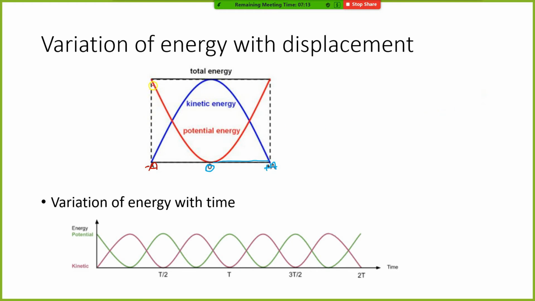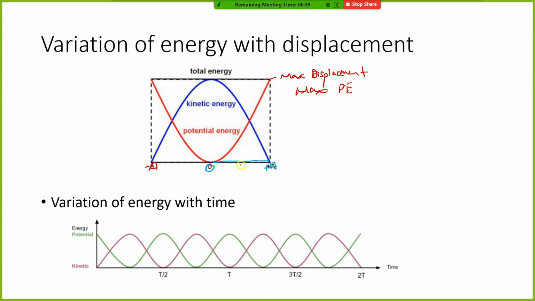Now, as it pertains to the energy profile in terms of the displacement, this is what we're seeing: at maximum displacement, that is when you're going to have maximum potential energy.